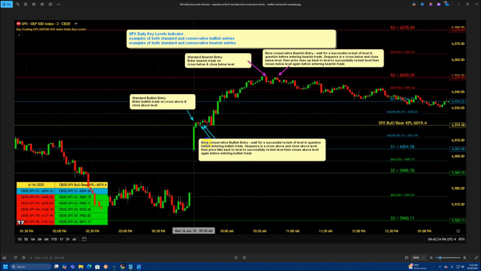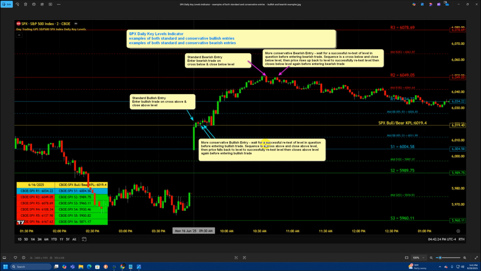Your second option is to take a more conservative bullish entry approach. On the more conservative approach, you are requiring a successful retest of the level before entering your trade. So in the case of a bullish trade, you're waiting for a successful bullish retest of the level in question before entering.